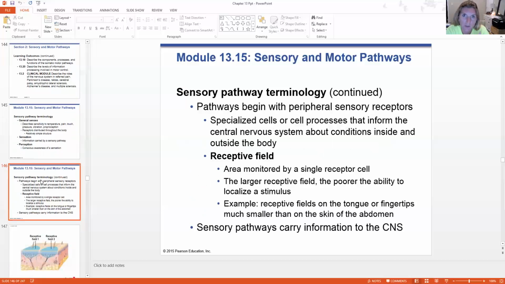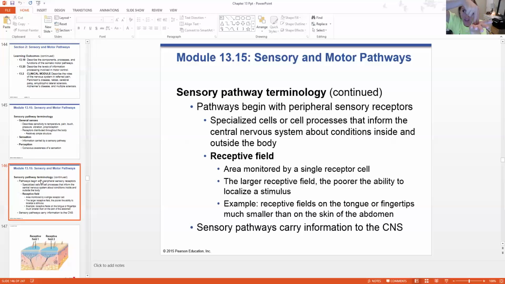So here we go. Other sensory terminology include the receptive field. This is the area that's monitored by a single receptor. The larger the receptive field, the poorer the ability to localize the stimulus. This is something like the 2-point threshold. You might do this in lab. I'm not sure, because different classes do things differently. But if you have like 2 little pins and you put them on your arm, you'll have to have those pins pretty far apart in order for you to tell that there's actually 2 of them.